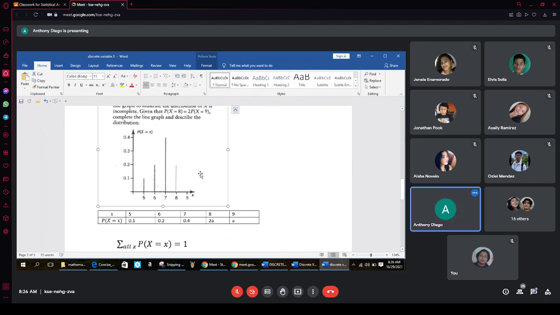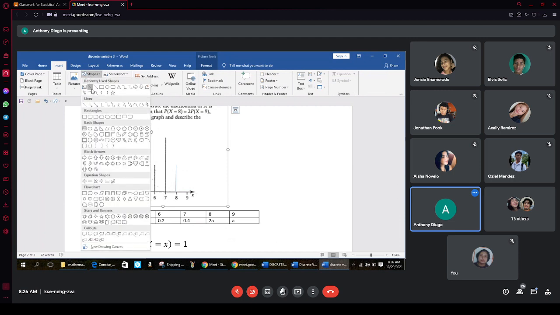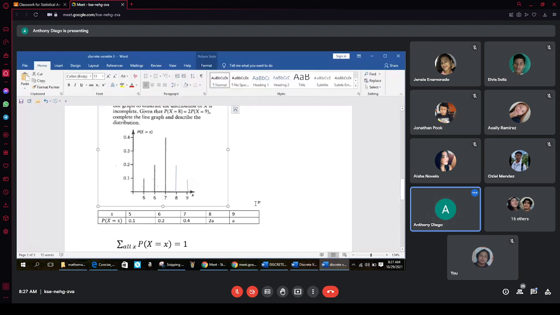Okay, so that would be for that one, and the other would be 0.1. So that problem is done, because it said, given that, complete the line graph and describe the distribution.